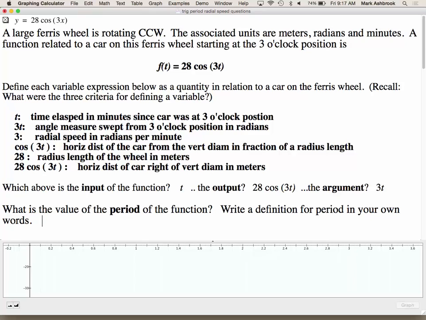So the definition, first let's do the definition first. Definition of period is the interval of, is it the interval of the input or of the argument? Input. Period relates to the input of the given function.